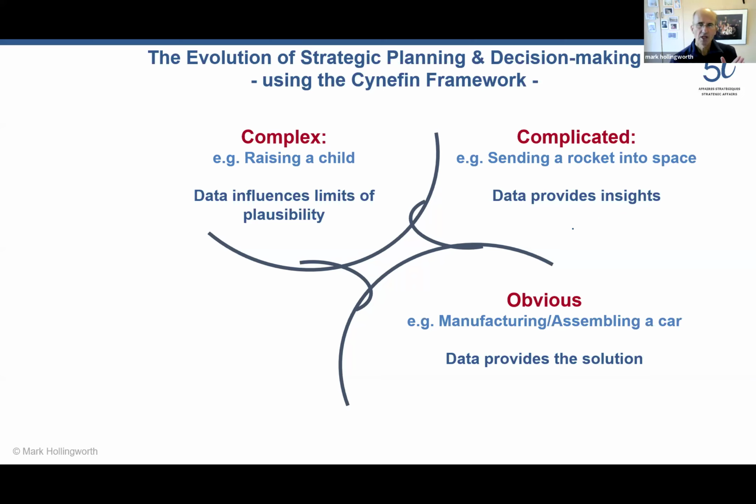And hence, by looking at the data, the information, the recommendations, we can increase the level of probability or plausibility that a child is going to grow up to be a healthy citizen, but it's not guaranteed, and we'll never know for years to come.